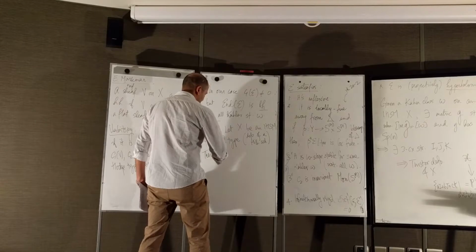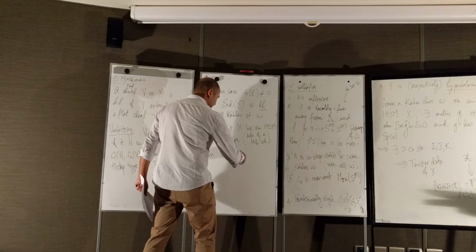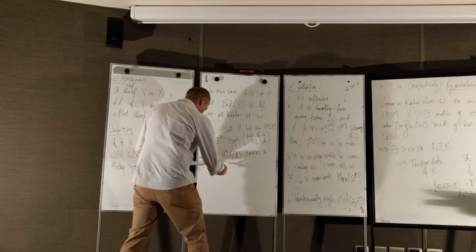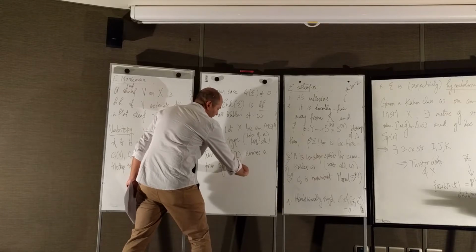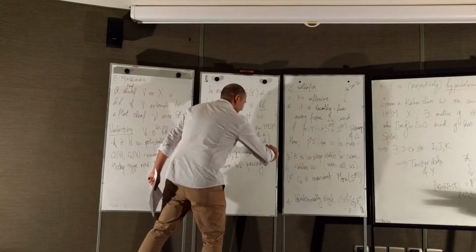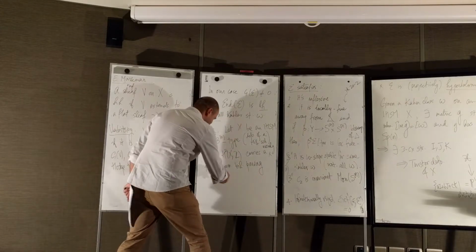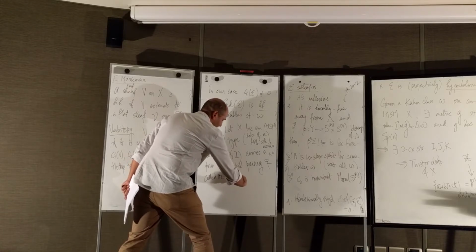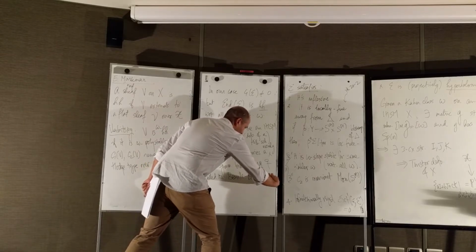Then H^2 of X carries a primitive symmetric bilinear pairing, non-degenerate, called Q, the Beauville-Bogomolov-Fujiki pairing.